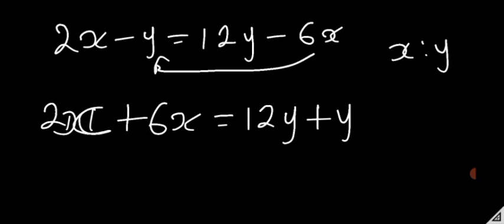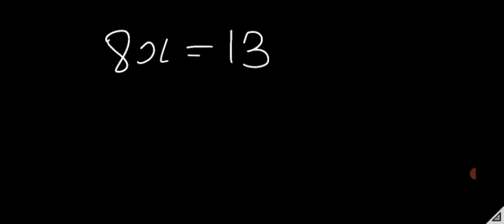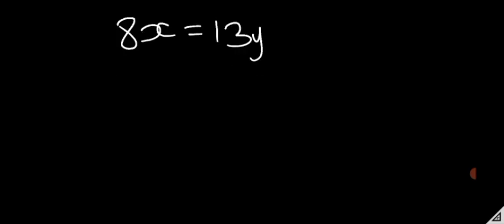Now 2x plus 6x is what? 8x, and 12y plus y is equal to what? 13y. Alright? Okay, so we are almost close to our answer. We have 8x equal to 13y, right?